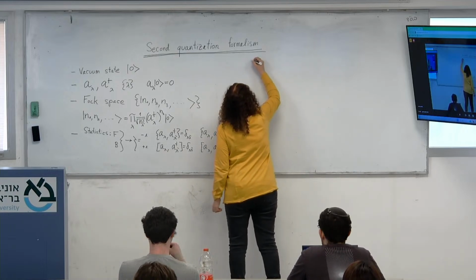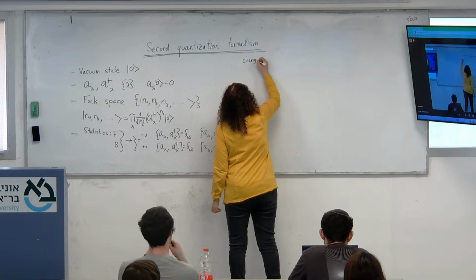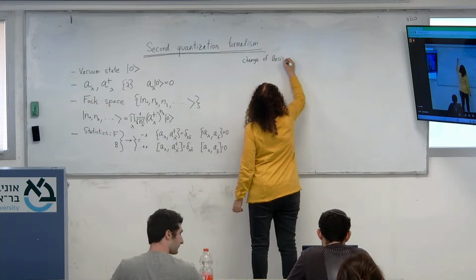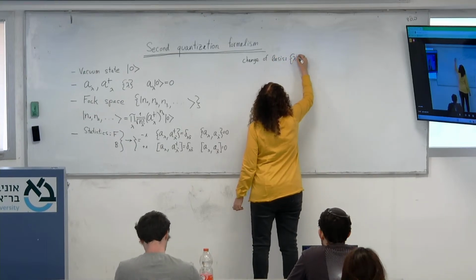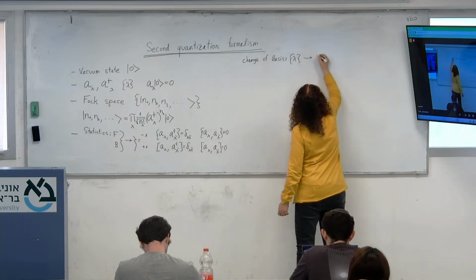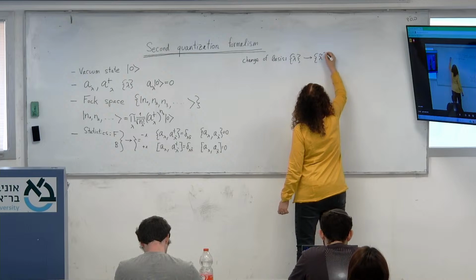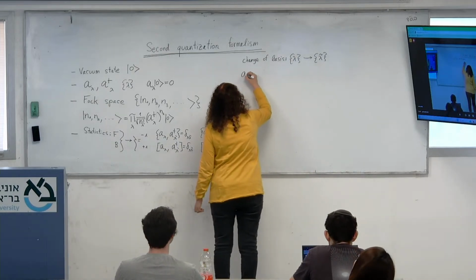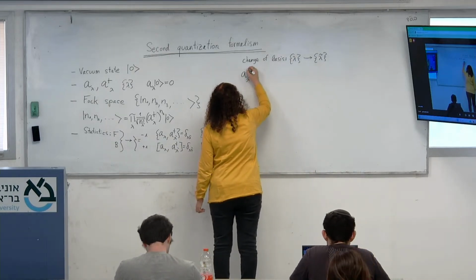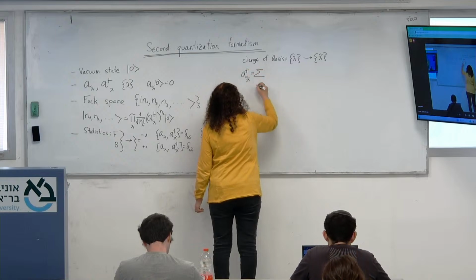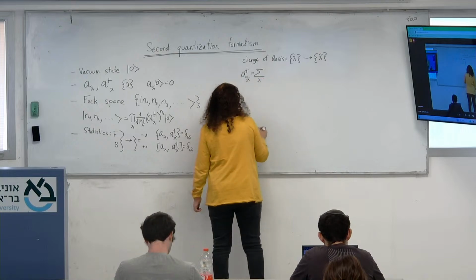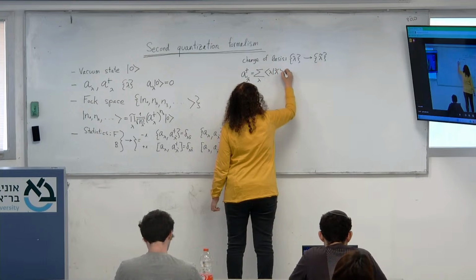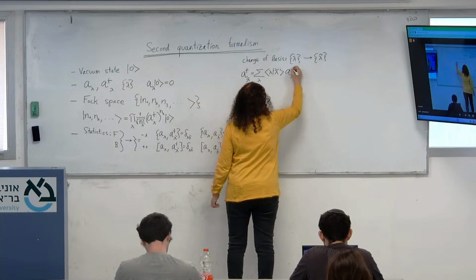So this is the rule we got last week, change of basis. Let's say that I had some basis of lambdas, and I want to switch to a new basis that I will call lambda twiddle. Then A lambda twiddle dagger can be expressed as a sum over lambda of the matrix element from lambda twiddle to lambda times A lambda dagger.